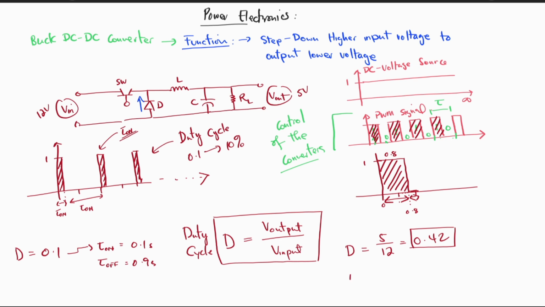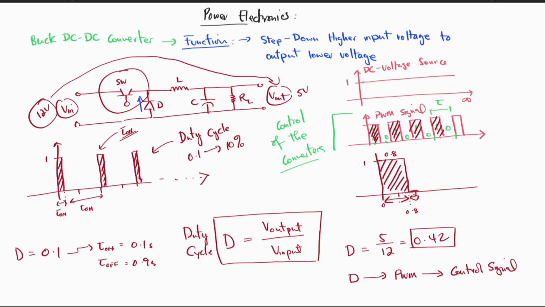So we have the duty cycle which controls the PWM signal, which is now our control signal that will be applied to the switch. And this switch will now be able to manage the 12 volts to have 5 volts at the output. So these are the basic characteristics and the operation of a DC to DC buck converter.